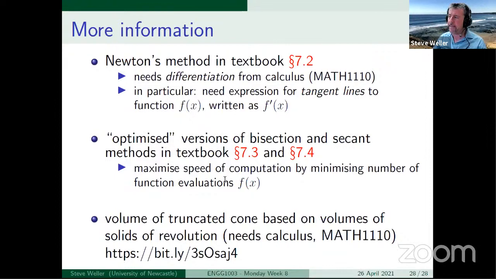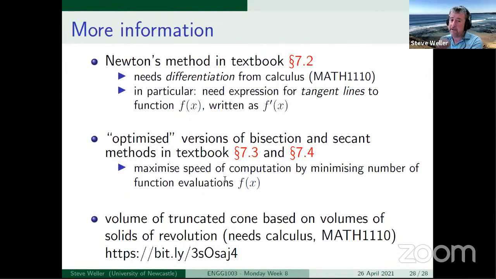As problems get bigger and the nonlinear functions get more complicated, almost all of the computational effort in either the bisection or the secant methods goes into function evaluations, evaluating f for a particular value of x. The code presented in the textbook is structured in such a way that the number of function evaluations is minimized.